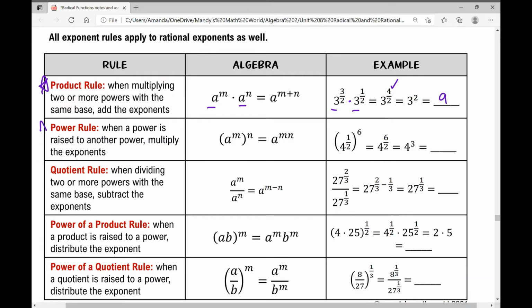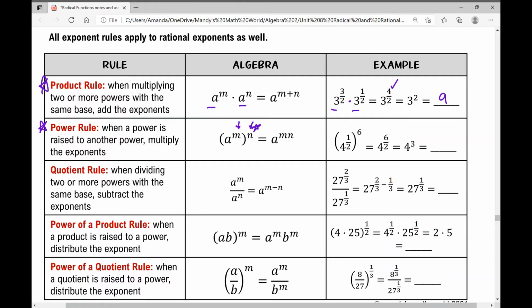Let's look at our next rule, the power rule. The power rule states that when you've got a power raised to another power, so what you're looking for in this situation is if there's a set of parentheses and you have an exponent right outside the parentheses, that's when you're going to apply this rule. You can multiply your exponents.